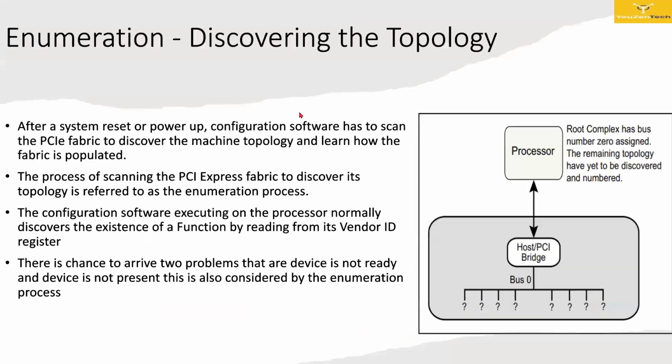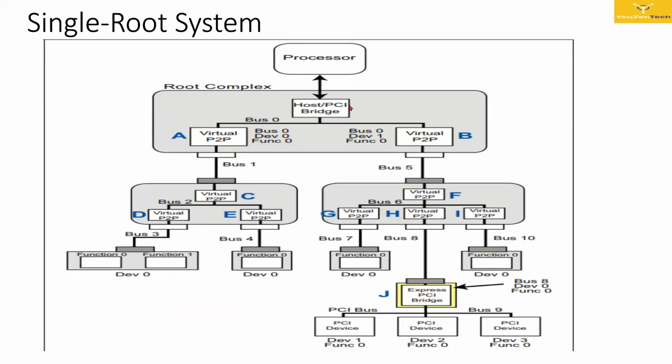So let's start from the host PCI bridge. This is a bridge, so it has a secondary bus register, primary bus register, and subordinate bus register. Right in the start, the configuration software is going to set the primary bus number, which I think will be reserved for the PCI host bridge. The secondary bus number is bus 0 and the subordinate bus number is 255. 255 is the maximum bus number which can be assigned.